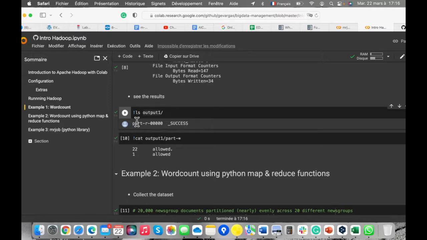But if we do not cat the file where it produces the result, the only thing that we know is success. Okay, so it's very friendly, as you can see. Do you have questions until here?